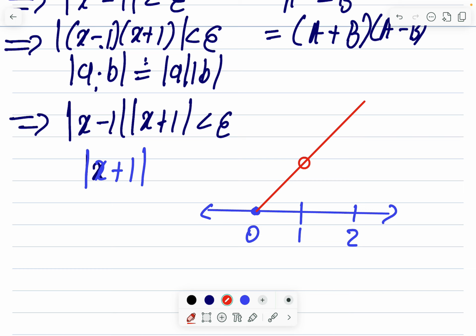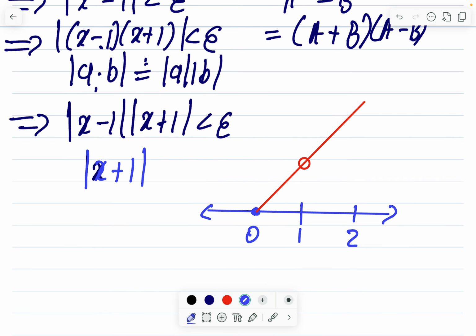So how can we find the values of f of x? This thing is your f of x, remember. How can we find the values there? The question is, how can I find the value here?